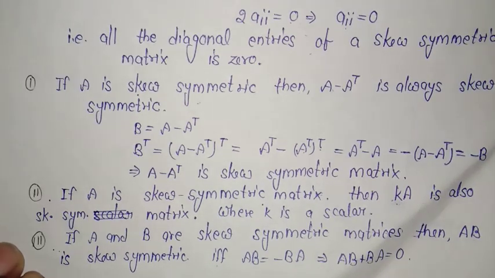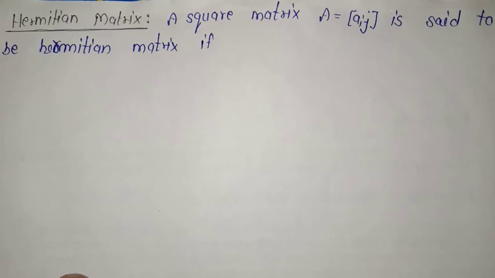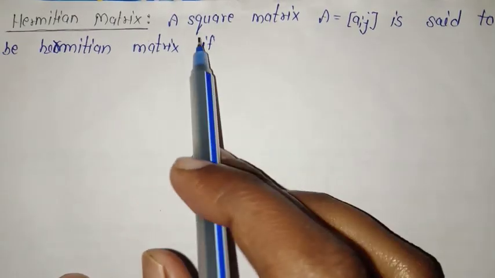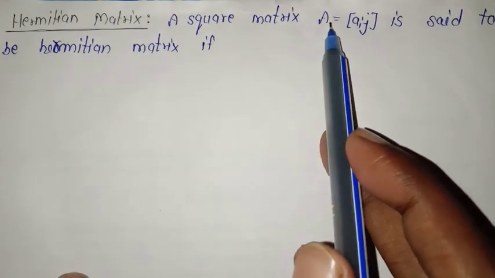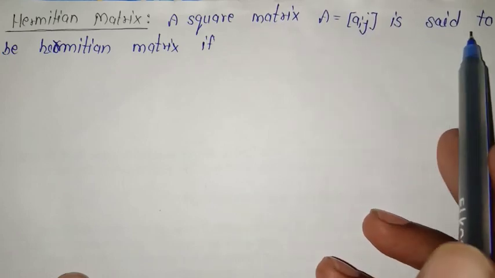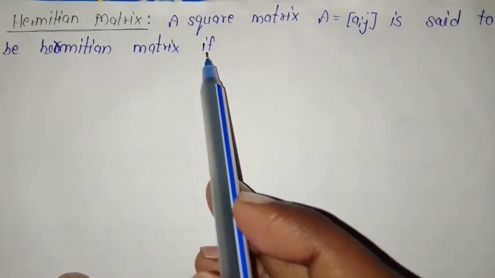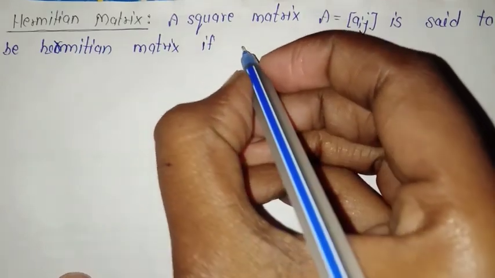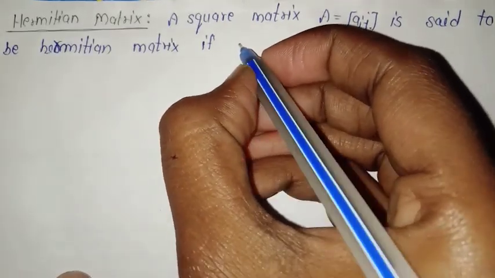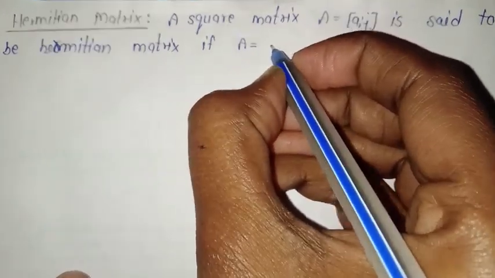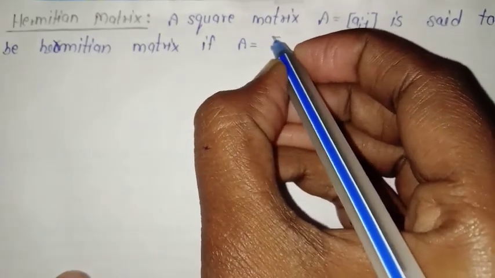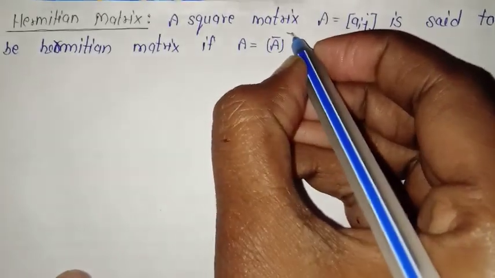Now I am going to discuss the definition of Hermitian and skew Hermitian matrix. The definition of a Hermitian matrix is as follows. A square matrix A equal to [Aij] is said to be a Hermitian matrix if the conjugated transpose of A is equal to A. That is, A equals A conjugate transpose. Firstly we take the conjugate and then its transpose.